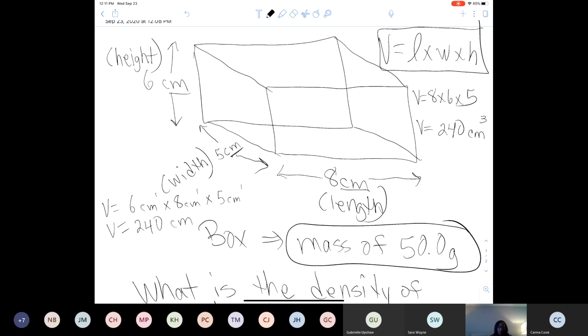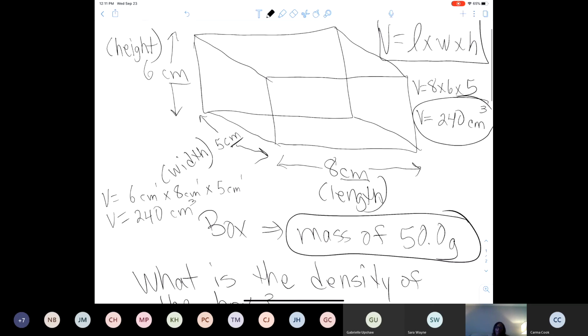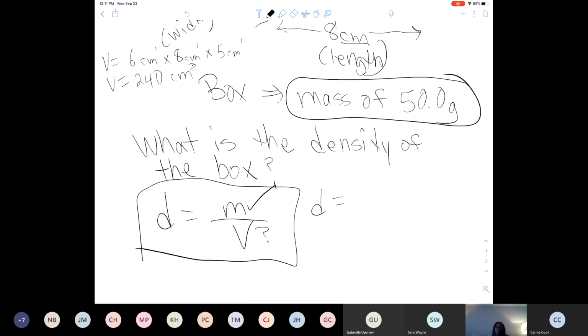So 1 plus 1 plus 1, that's where I get the 3 from. Now that we know our volume and our mass, we can calculate density.